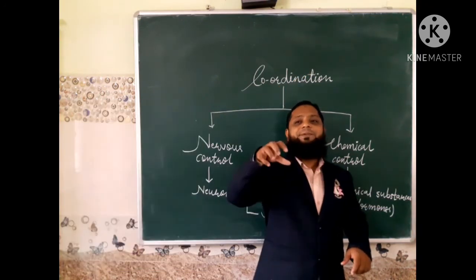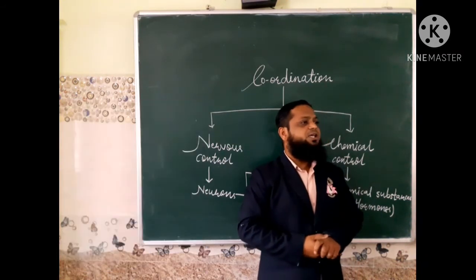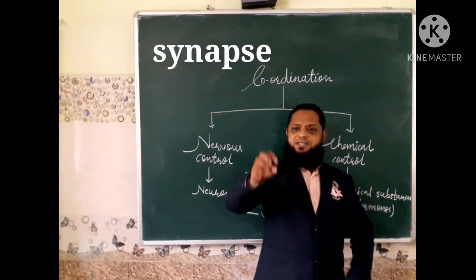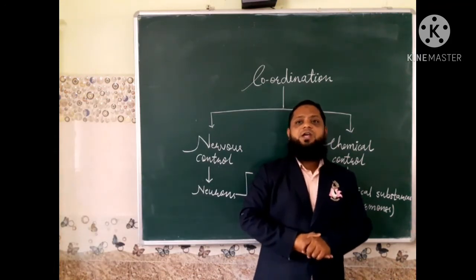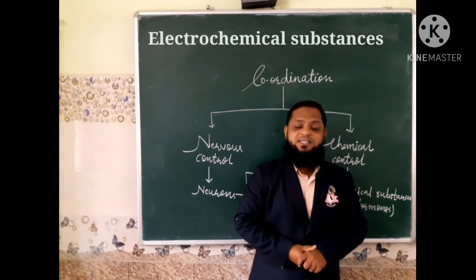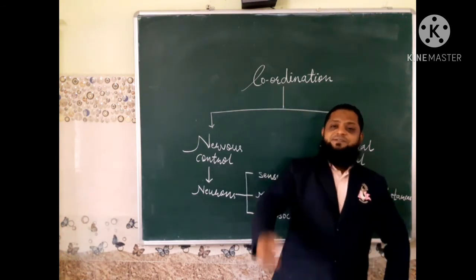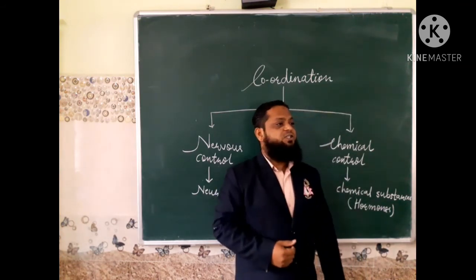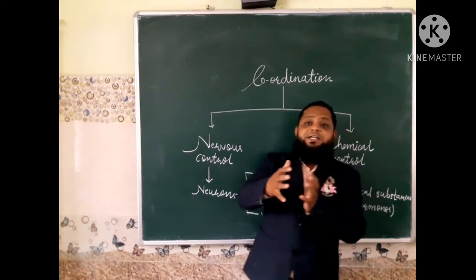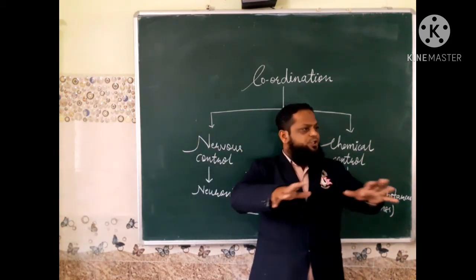This gap present between two neurons is said to be the synapse, and this gap is filled with the help of electrochemical substances. Electrochemical substances transfer the impulses to the dendrites of the next neuron. So I hope it is very clear.